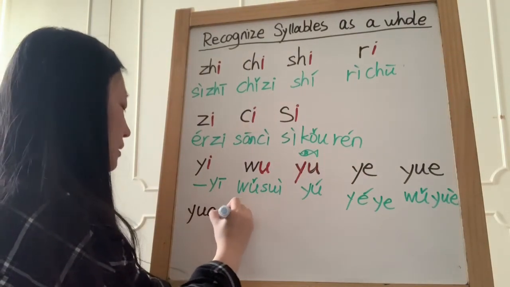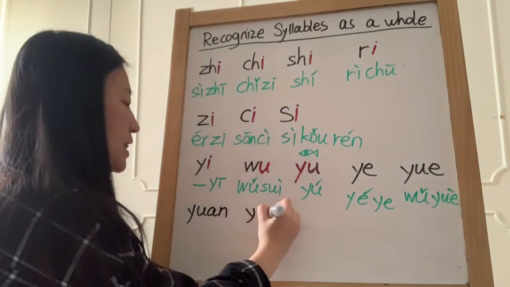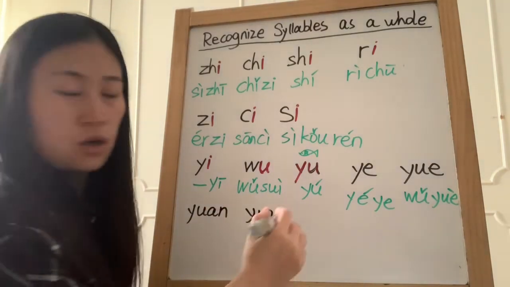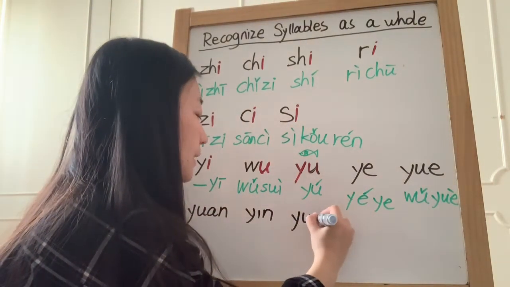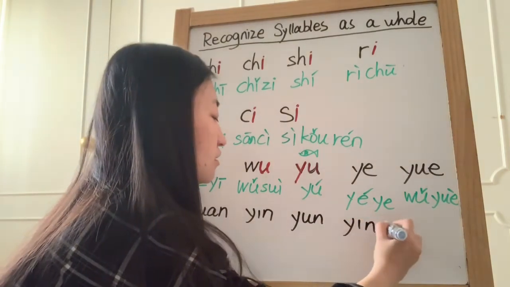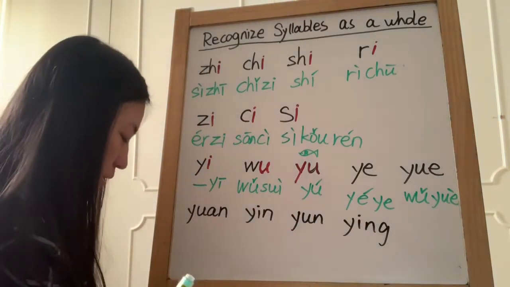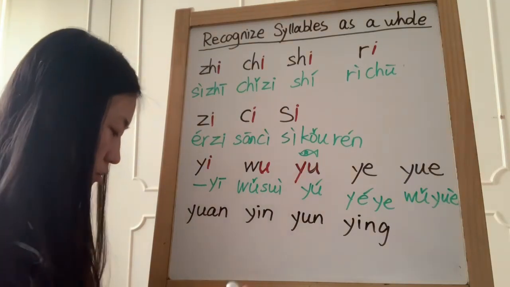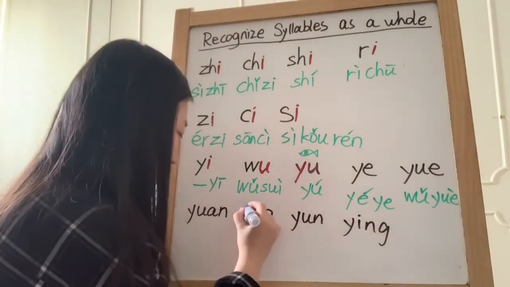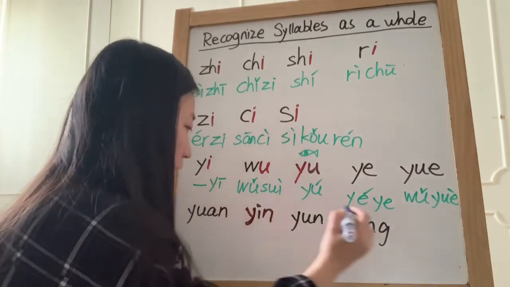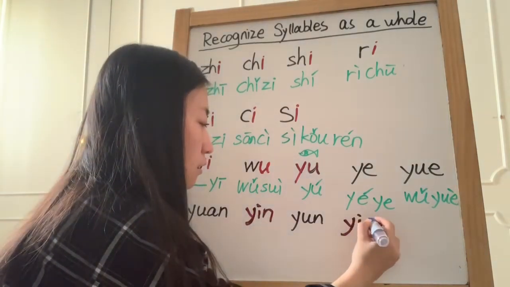元, yin, 云 and ying. Okay, so these two are special. Yin and ying.